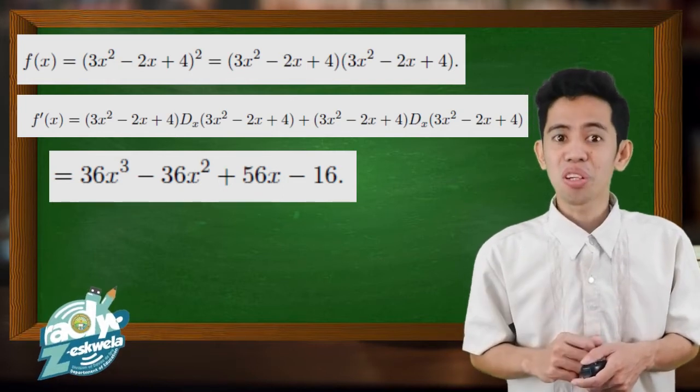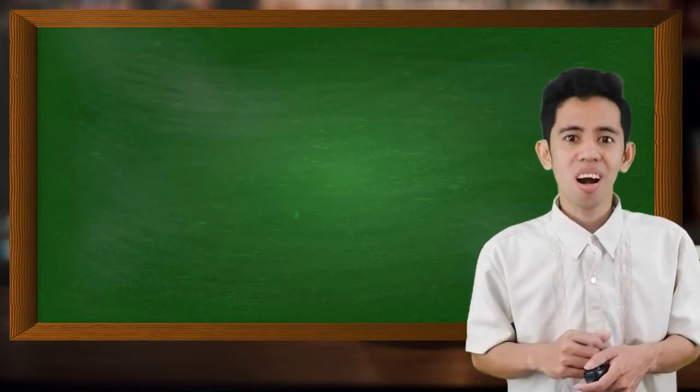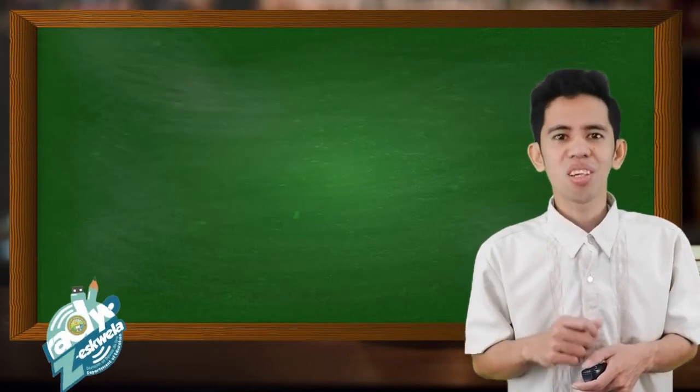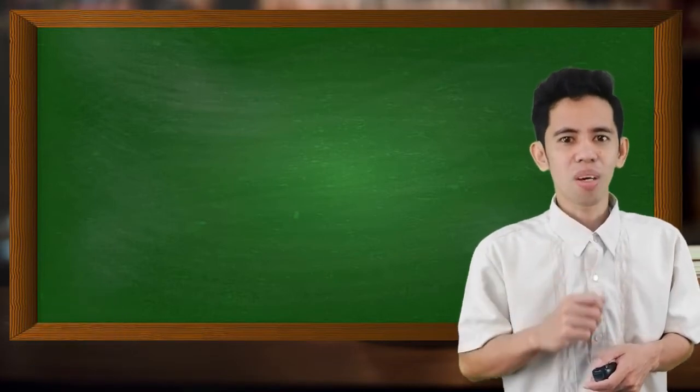In that case, we are using the product rule. Either of the two methods are correct. You can use the first method or you can use the second method.